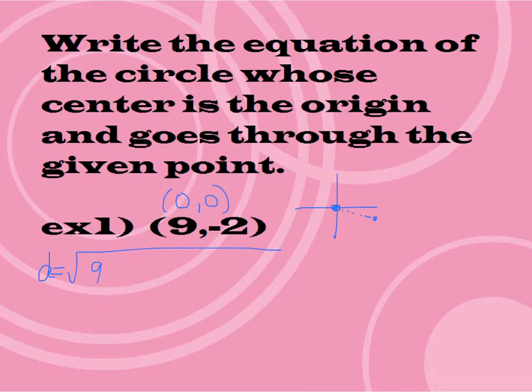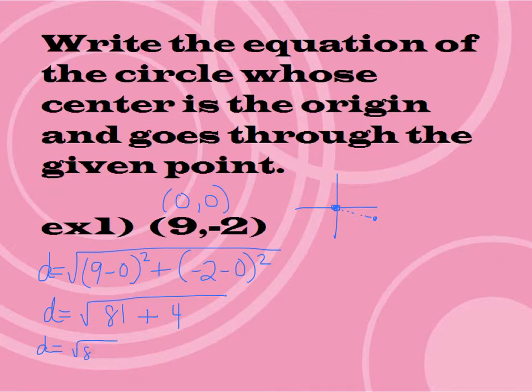So remember, it's x minus x squared plus y minus y squared. So this is going to be 9 squared, so that's 81. This is negative 2 squared, that's a positive 4. So the distance between the center and that point is the square root of 85.